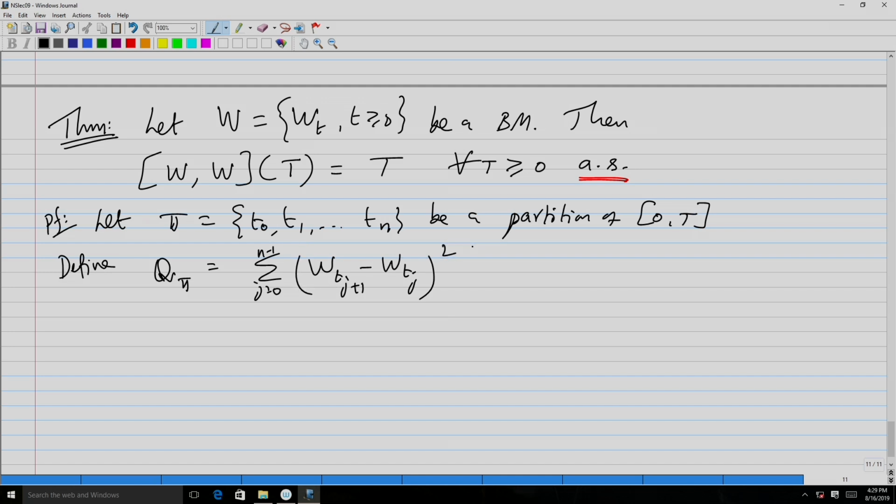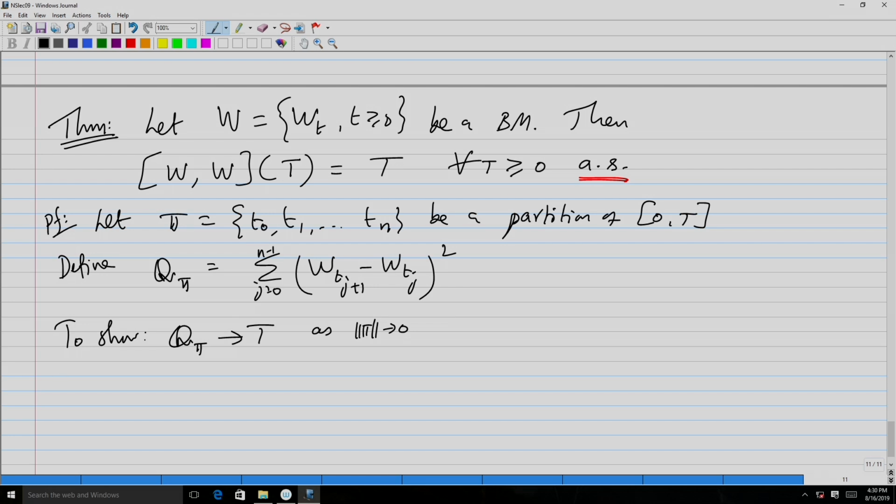Now, what do we want to show? To show Q_pi tends to t, right, almost surely, right, that is what we want to show. Right. Now, how do we show this? So, this is basically as the norm of the partition tends to 0, this is in the almost surely sense we want to show.